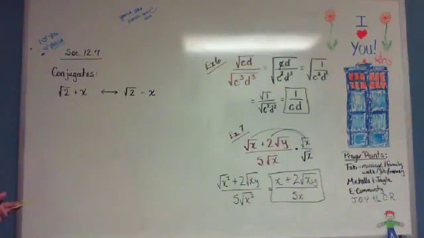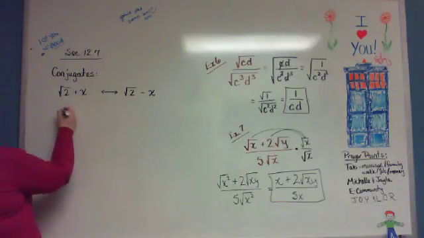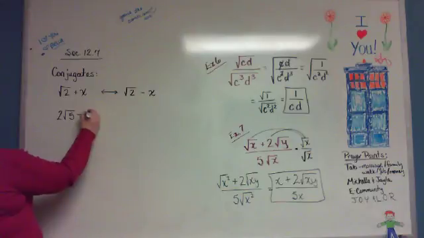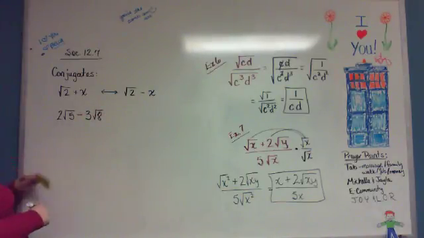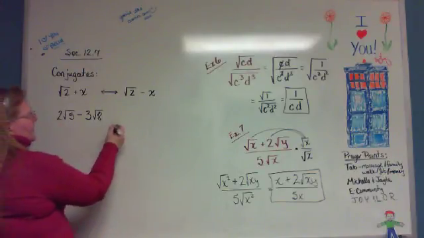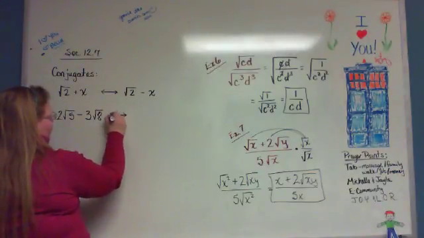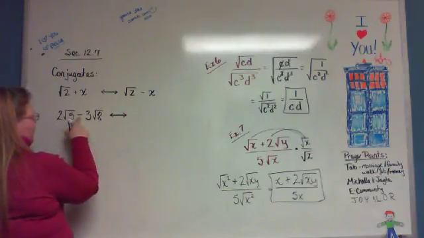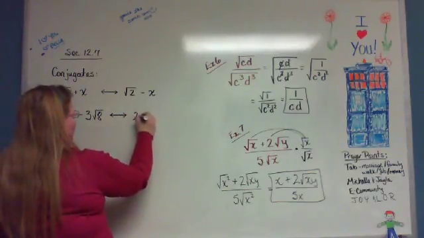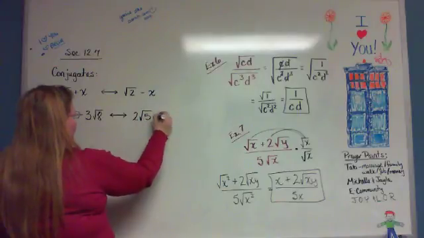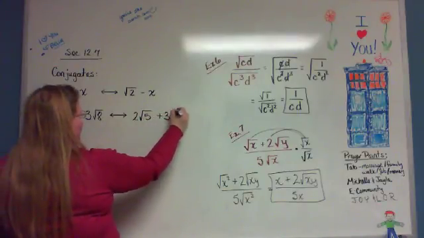Because it's the exact same thing, it's just got a different sign in between it. Let's say I had 2 square roots of 5 minus 3 square roots of 8. You can't combine them, but you can find the conjugate. Remember, it is exactly the same thing, just with a different sign. 2 square roots of 5 plus 3 square roots of 8.